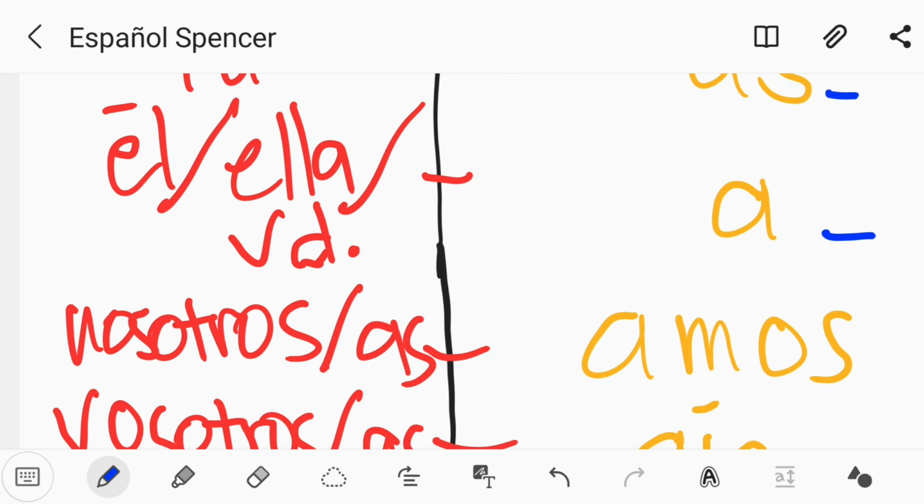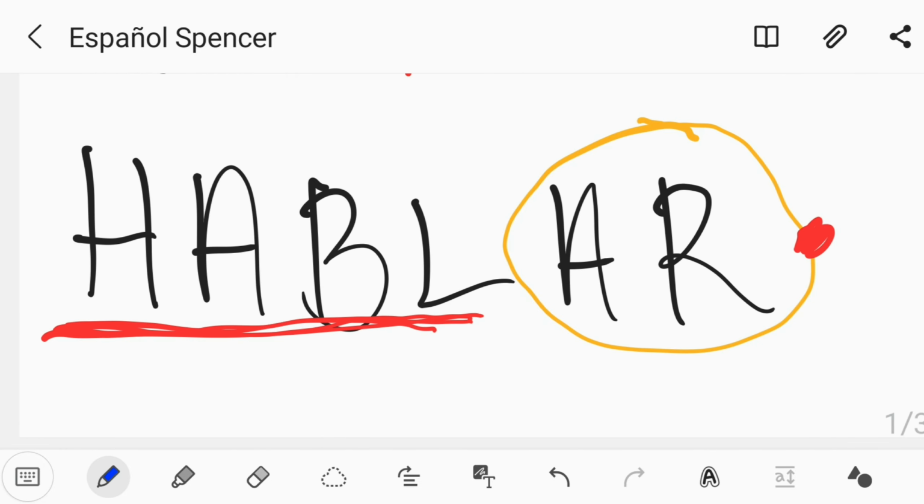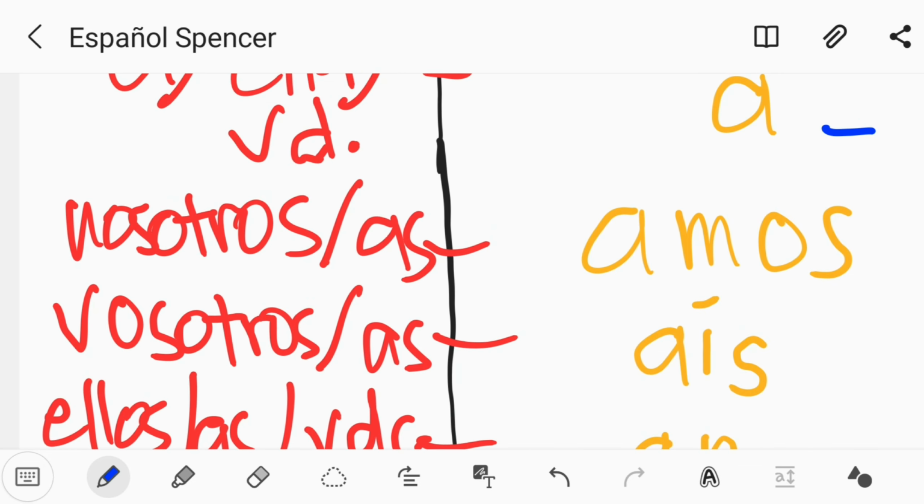Only a. Let's drop the suffix from here, take the root word and change it to a, habla. He speaks, she speaks, it speaks, or the formal form, usted habla. We have nosotros, we, the plural form. Again, it's like repetition.